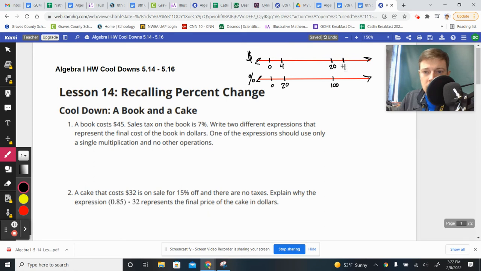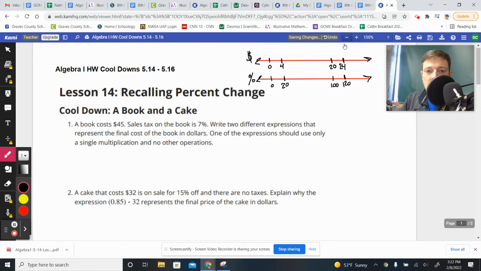The other idea, which really ties in with what we're doing now, is that $24 could be thought of as adding 20% to the 100%, making 120%. So when we talk about percent increase, we can go over the 100%, and if we're going below it, we can go under it, like taking away. The double number line gives us that idea.